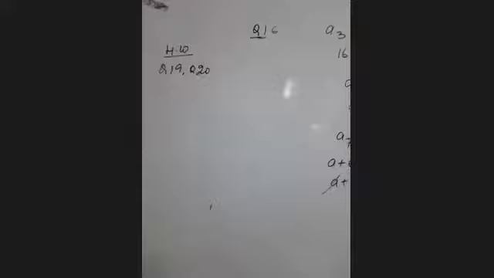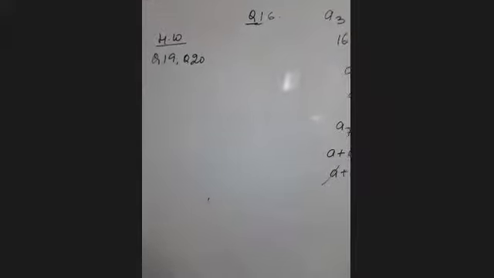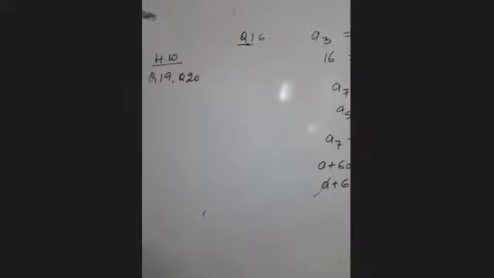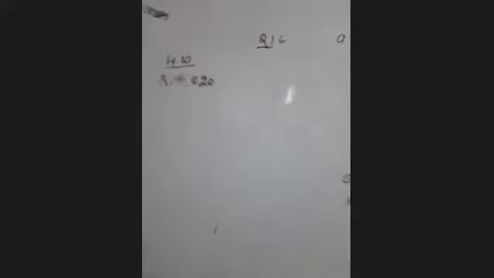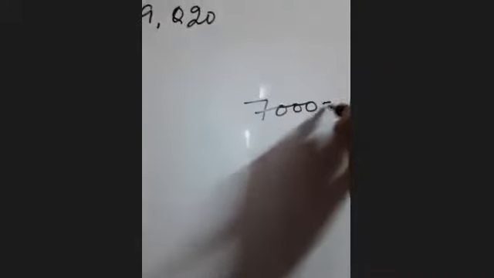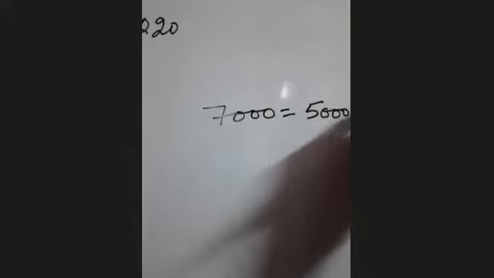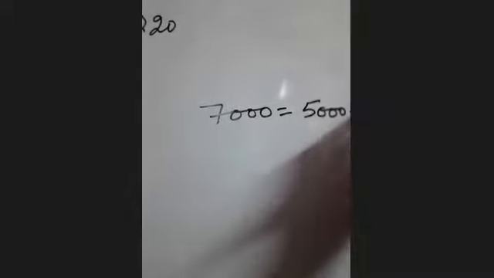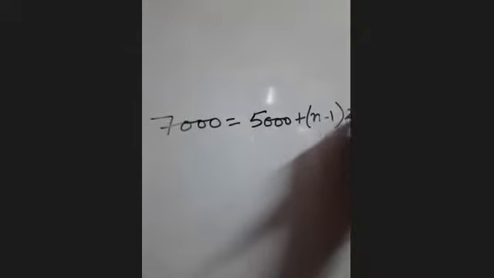So we are given 5000 as a, common difference given as 200, and we are given an as 7000, and we need to find out n. So that will be like 7000 equals 5000 plus n minus 1, and d is 200.